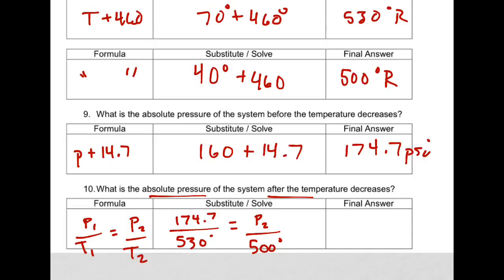I multiply both sides by 500, and I get 164.811. What are my units? This is pressure, so I get psi. Oh, very nice. The volume of the tank didn't matter because it just stayed the same.